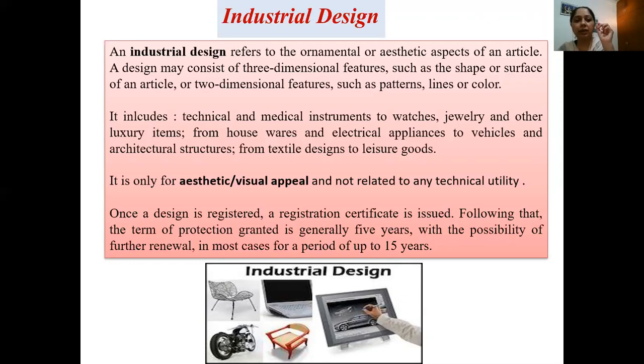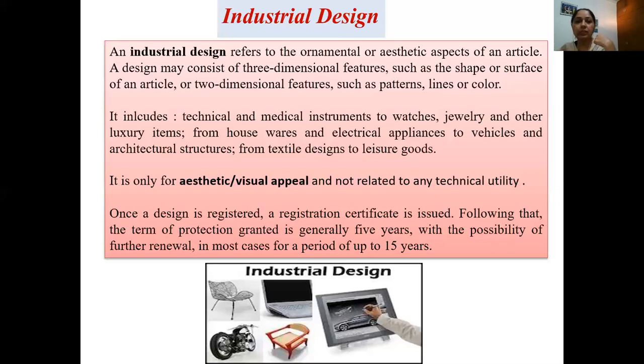So this IPR, industrial design, basically refers to the ornamental or aesthetic aspect of an article, and a design may consist of a three-dimensional feature such as the shape or surface of an article, or two-dimensional feature, patterns, lines. Like for example, watches and jewelry have their own design.